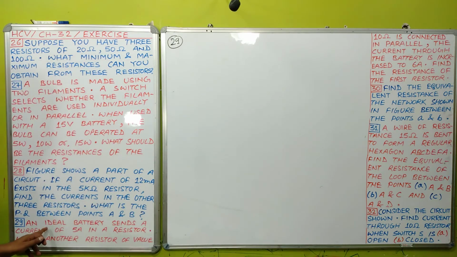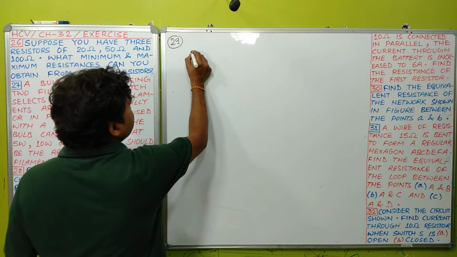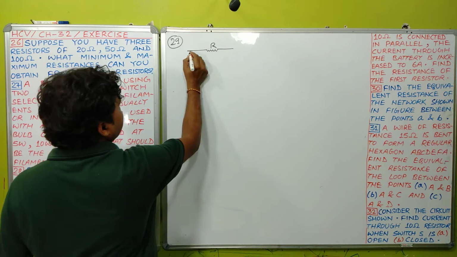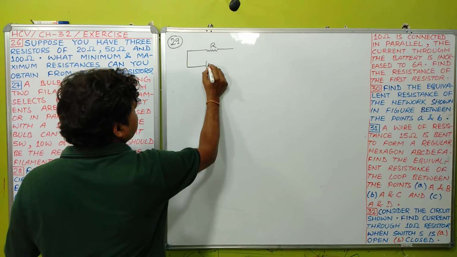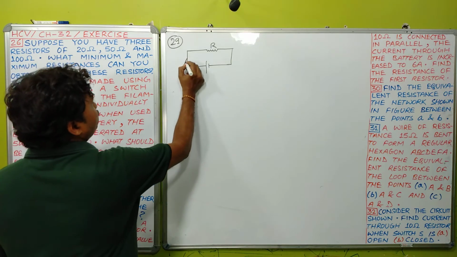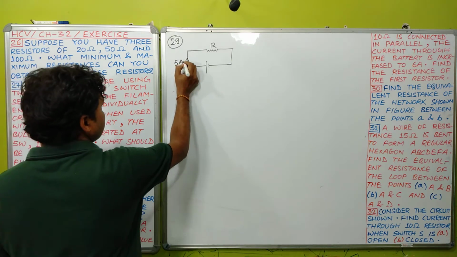Student, this question is saying an ideal battery sends a current of 5 ampere in a resistor. Okay, we have a resistor, let its resistance be R, and an ideal battery is connected across it, the current flowing through it is 5 ampere. This condition is given.